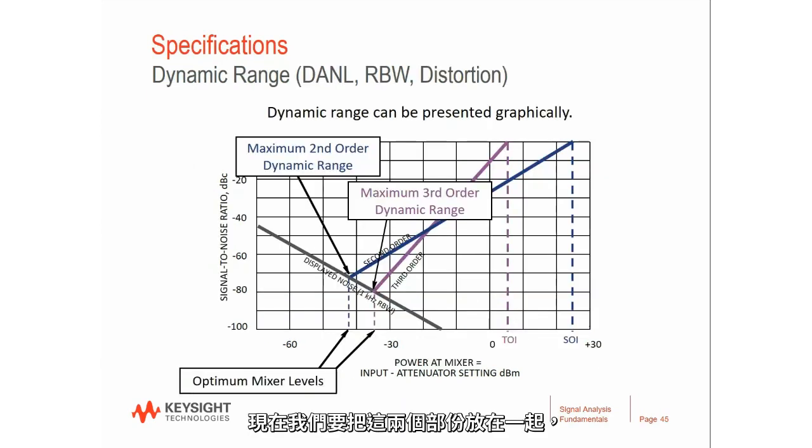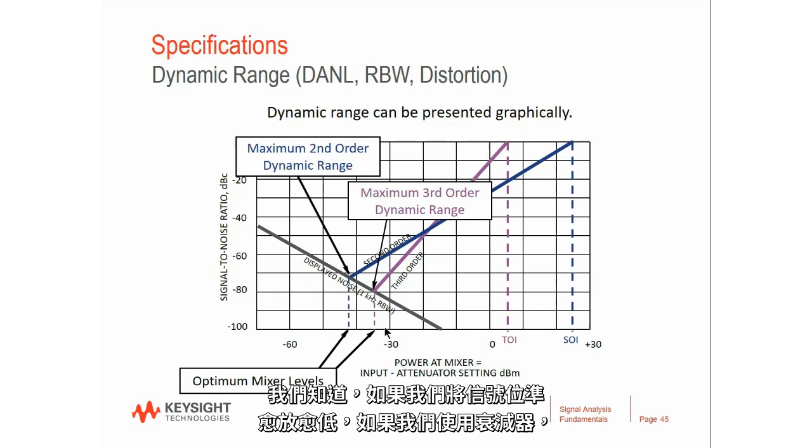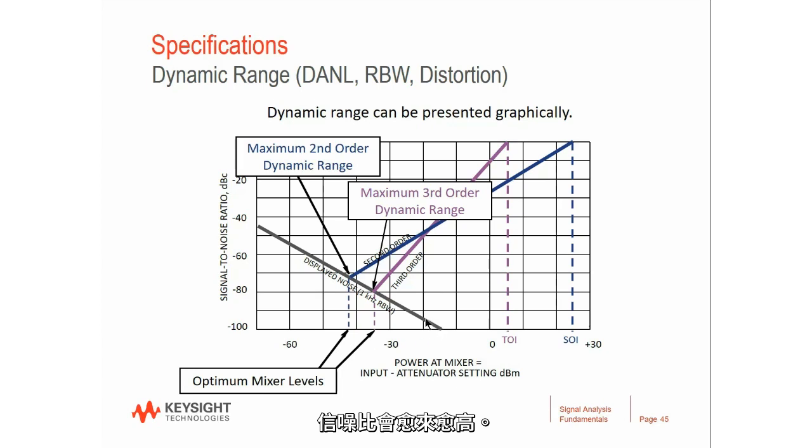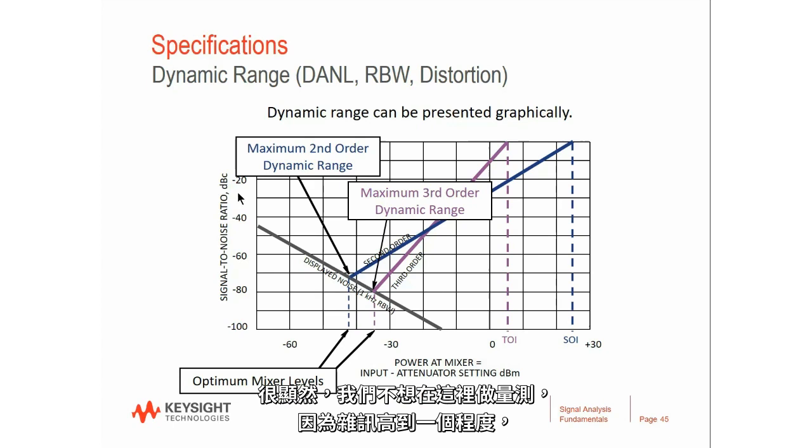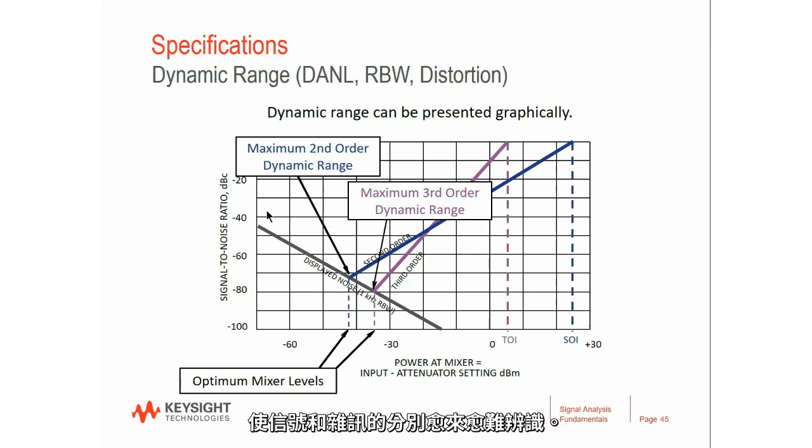So now we're going to put those two together. And this is what creates the dynamic range concept. We know that if we drop our signal level lower and lower, if we apply the attenuator, then the signal-to-noise ratio will increase higher and higher. We obviously don't want to make a measurement out here because the noise is rising to a point where the signal is harder and harder to distinguish from the noise.